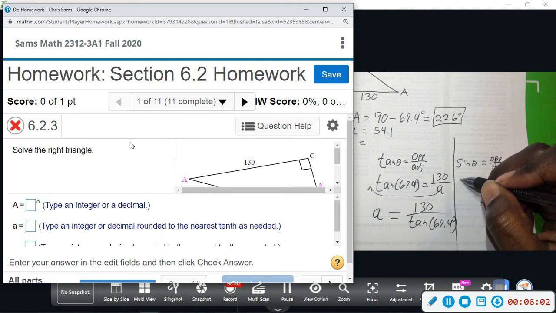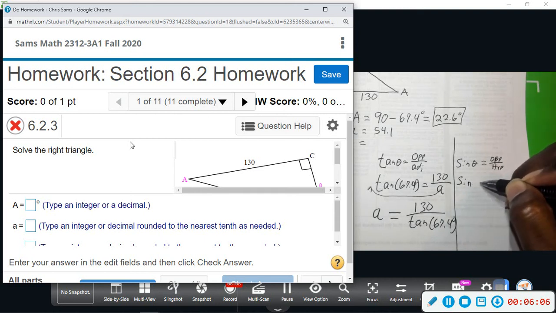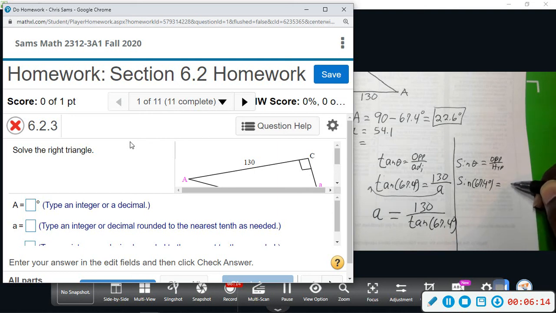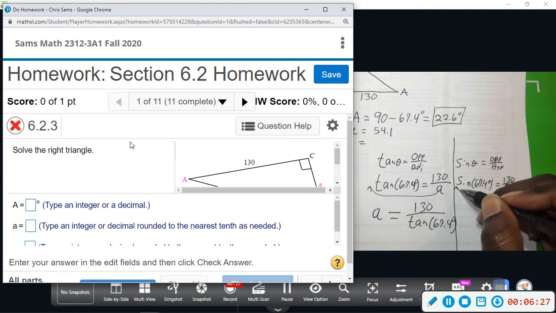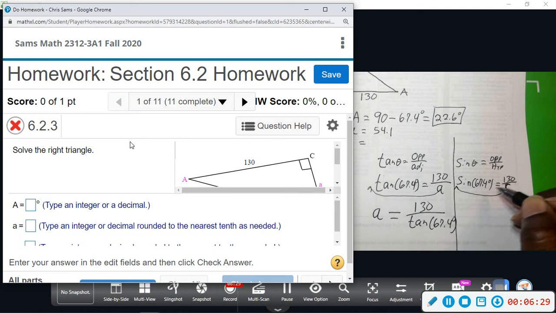So I'm going to be doing sine of 67.4 equals the opposite, which is 130, over the hypotenuse, which is C. We're going to do the same thing, interchange these, multiply by C to get it off the bottom, and then divide by sine 67.4.